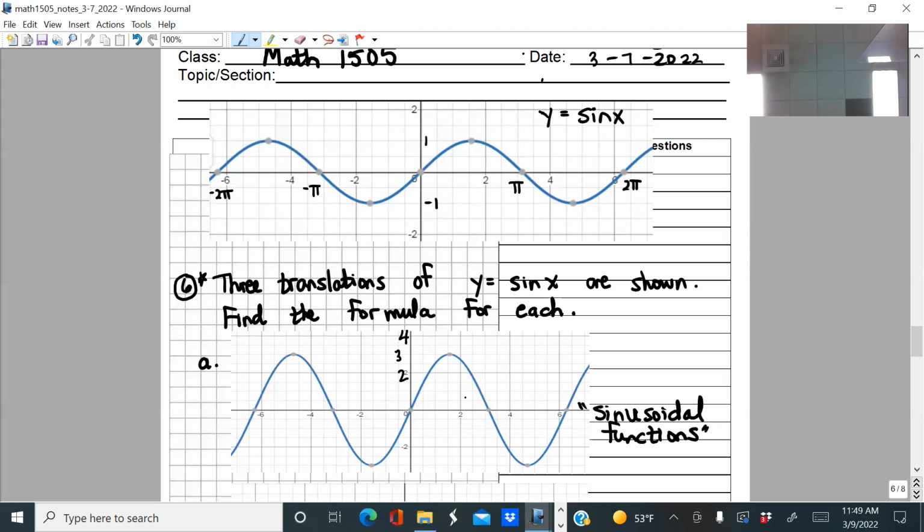You see what it is? Say what? Stretch it. Stretch. And stretch. 5, 3.